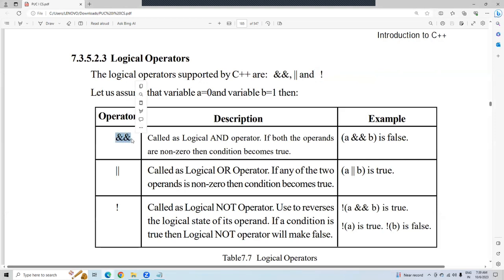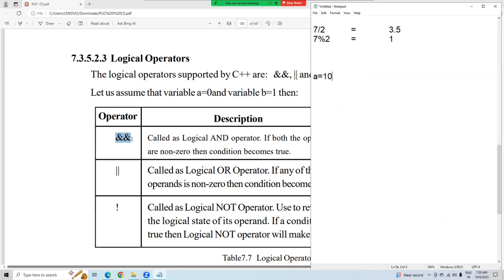Here, these are logical operators for combining more than one relational expression. Which expression do you call a relational expression? An expression which uses a relational operator is called a relational expression. Logical operators are used to join more than one relational expression.